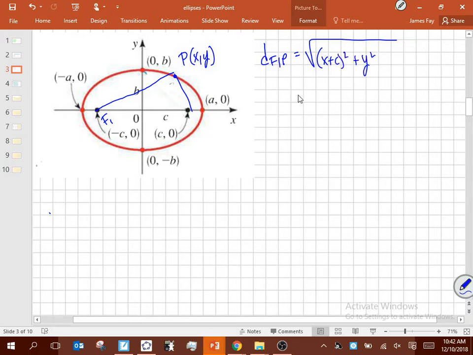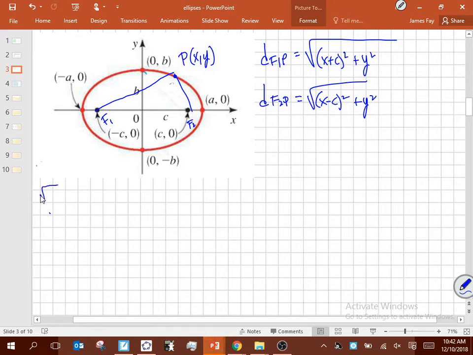That's just the distance formula, x2 minus x1 squared plus y2 minus y1 squared. And then we'll do the same thing for the distance from F2 to P. So here's F2. So I go x minus C squared plus y minus 0 squared. Those are the two distances, F1P and F2P. Remember, we're going to add those together, and we should get 2A.